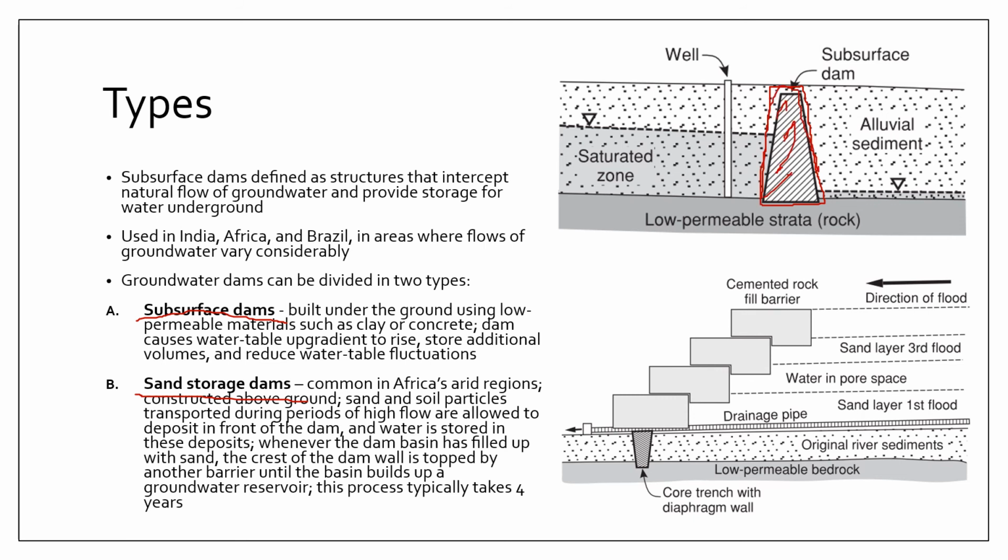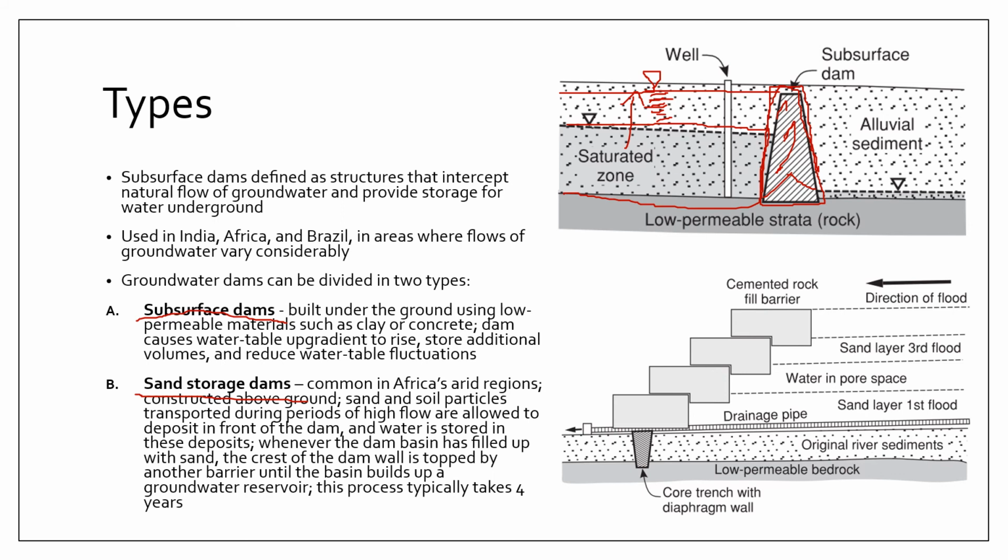So this could be concrete or clay, and it serves to impound the groundwater behind it. Okay, and the effect of groundwater impoundment is of course you end up raising the water table, so you get more stored water, and you also stabilize the groundwater table level in here.